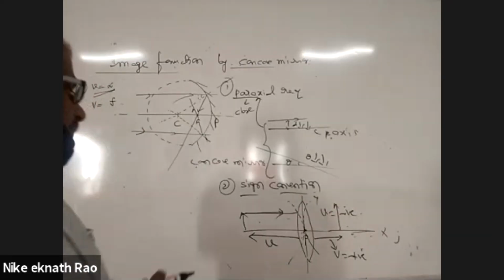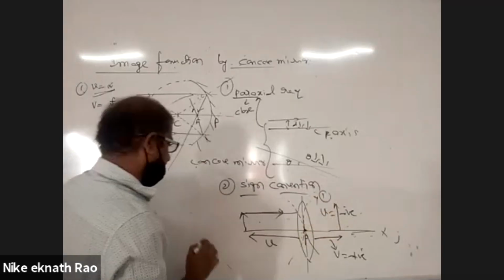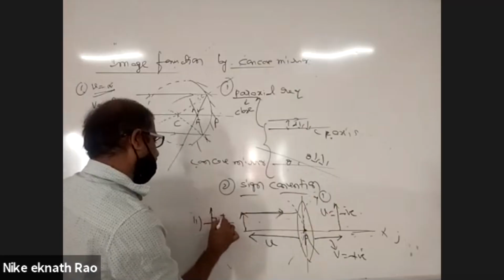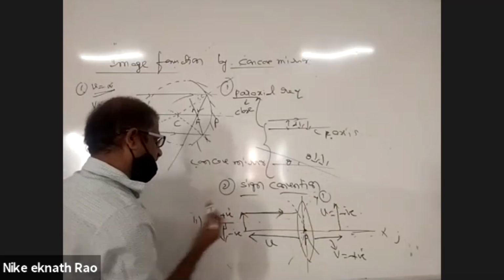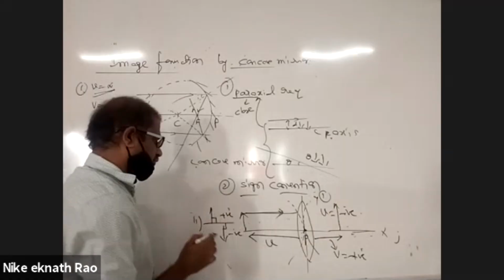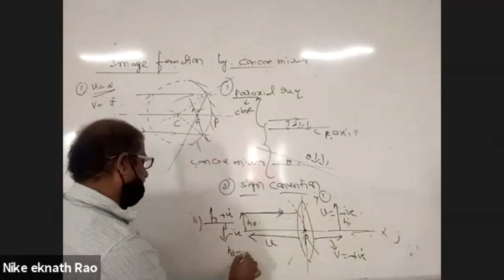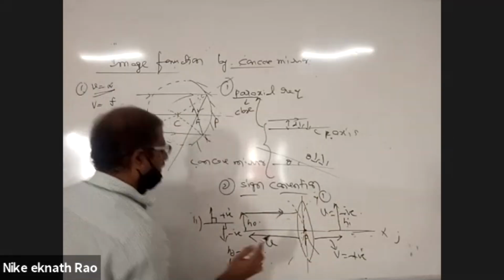Next, above the principal axis is the second point: distances perpendicular above the principal axis are positive, and below the principal axis perpendicular are negative. So the height of the object above is positive, and the height of the image, if above, is also positive.